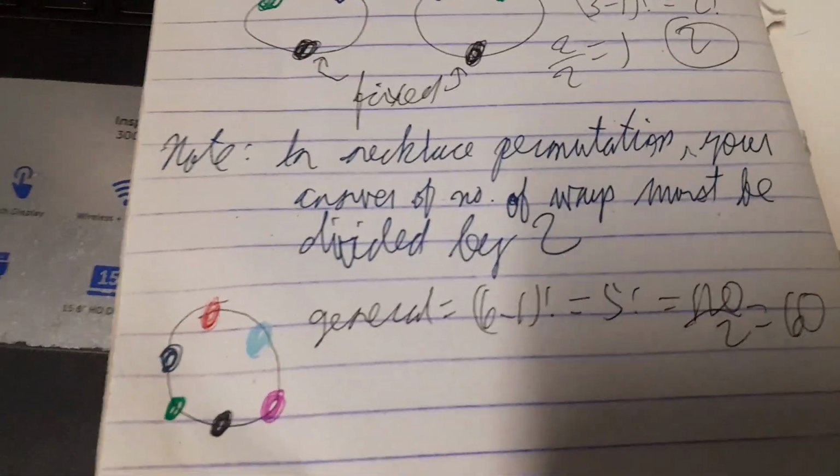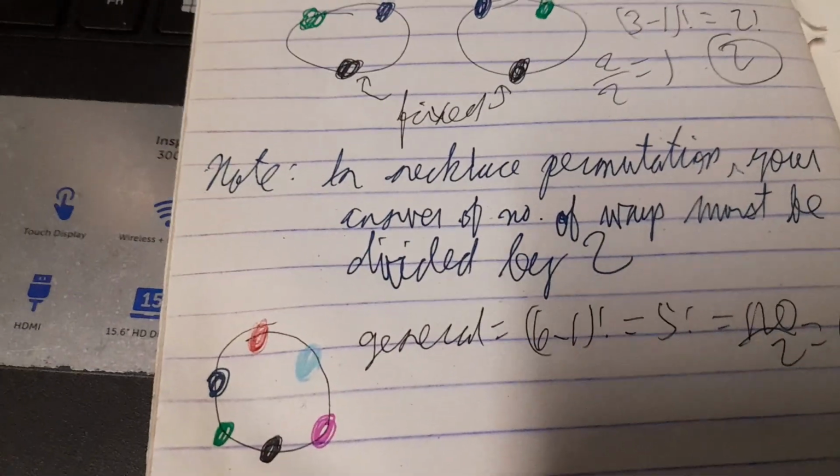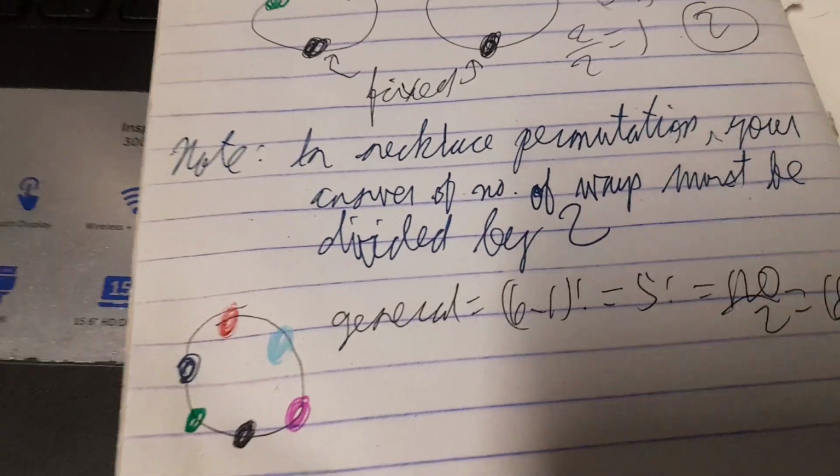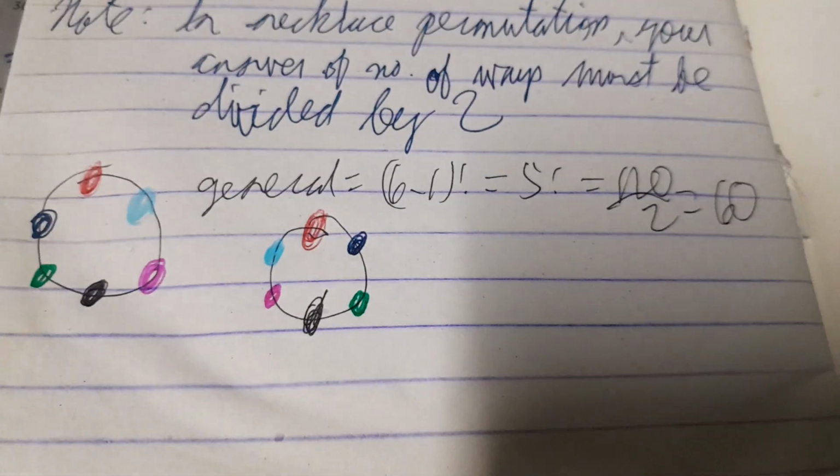So when you flip it over, it will still be the same. Just like this, this is what will happen if you flip it: black here, green here, dark blue there, red at the center, light blue here, and pink here. That is when you flip it over.